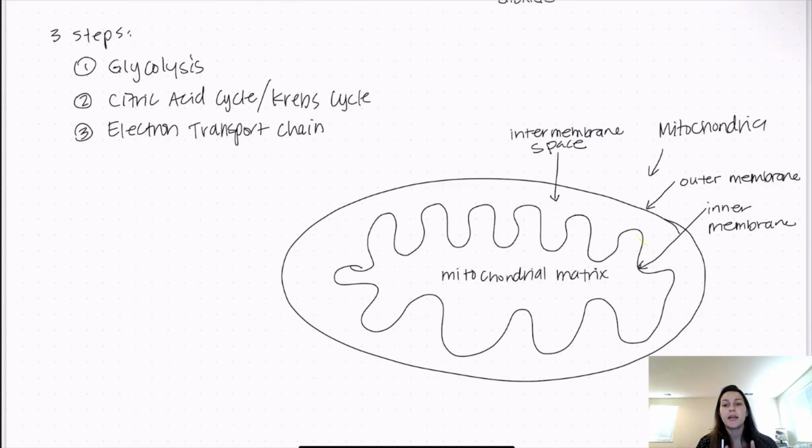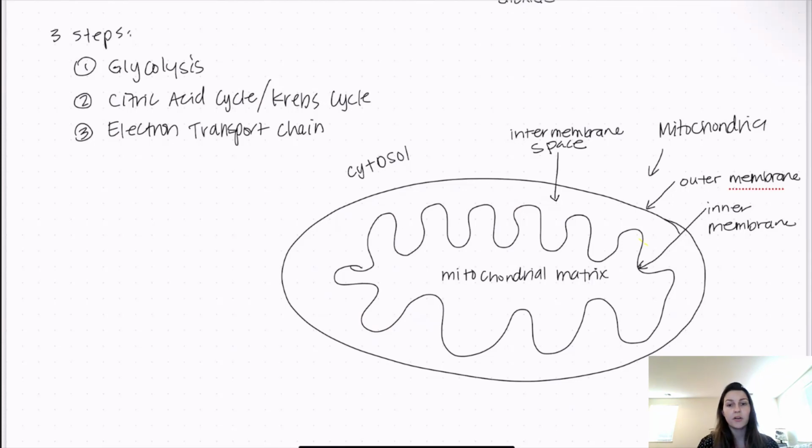And remember that a mitochondria is an organelle, and organelles live inside of cells. So that means it lives within kind of the goo inside of that cell. So outside of the mitochondria is the cytosol. And all of this happens within a cell.